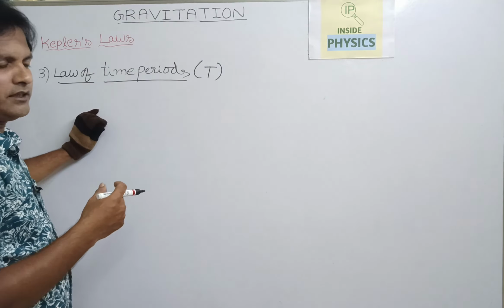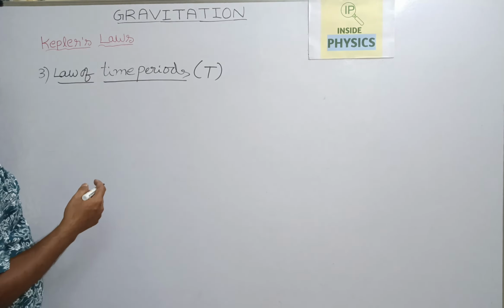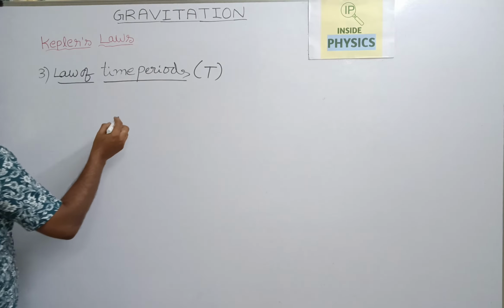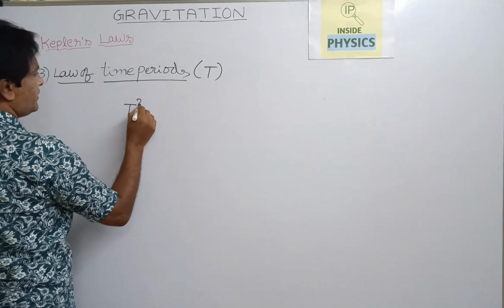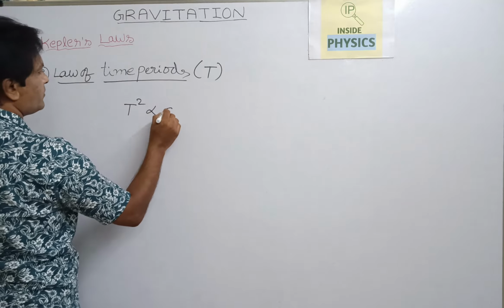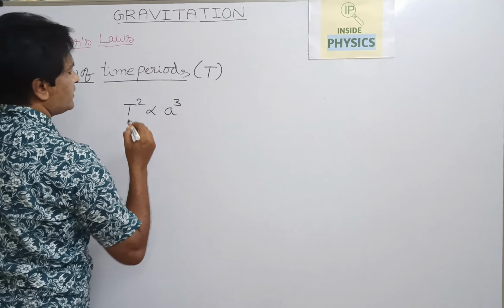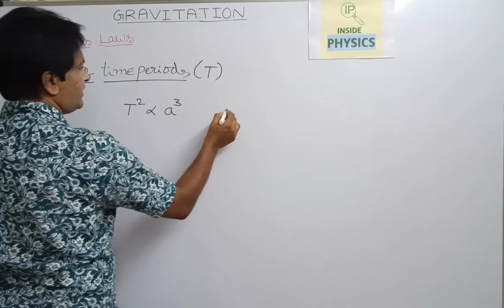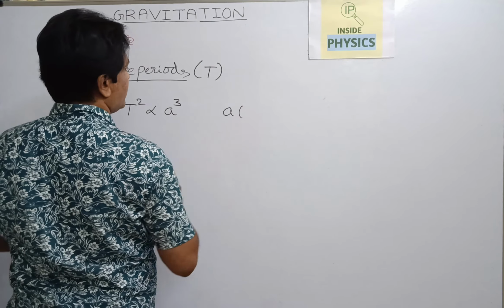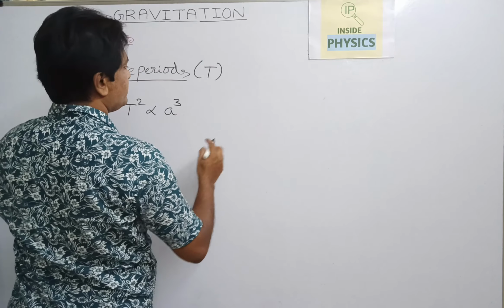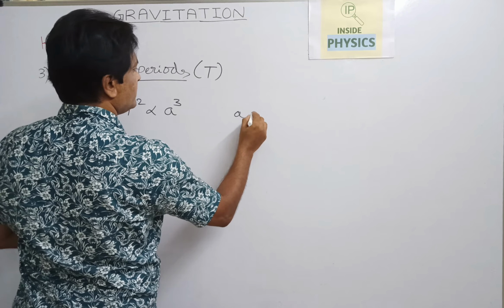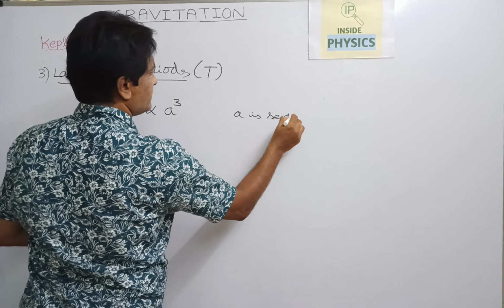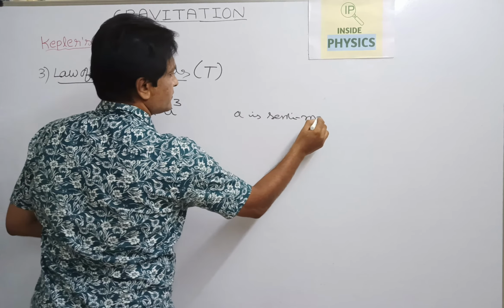For Earth it is 1 year, we all know. So what this law says is the square of the time period of a planet is directly proportional to the cube of the semi-major axis, where a is the semi-major axis.